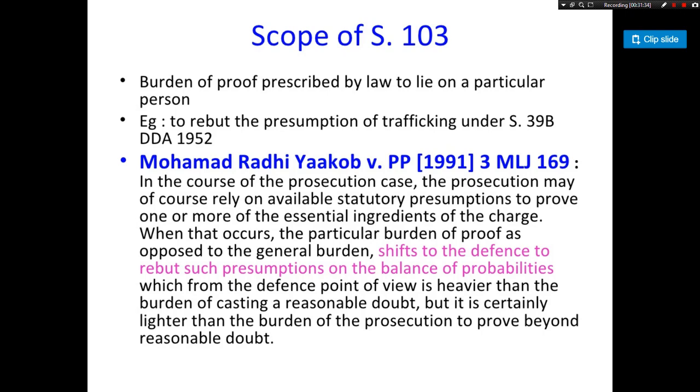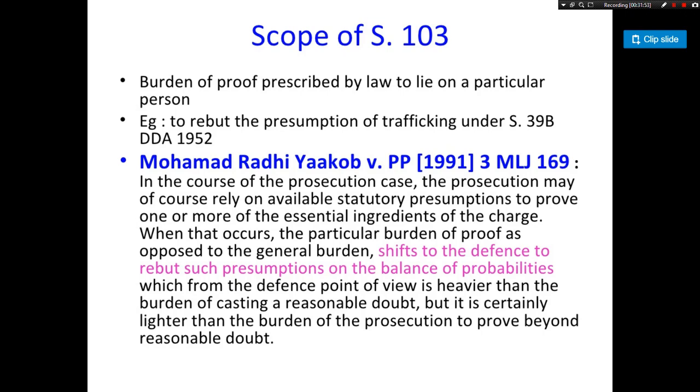Scope of section 103: the burden of proof prescribed by the law to lie on particular persons, for example, to rebut the presumption of trafficking under section 39B of the Dangerous Drugs Act 1952.